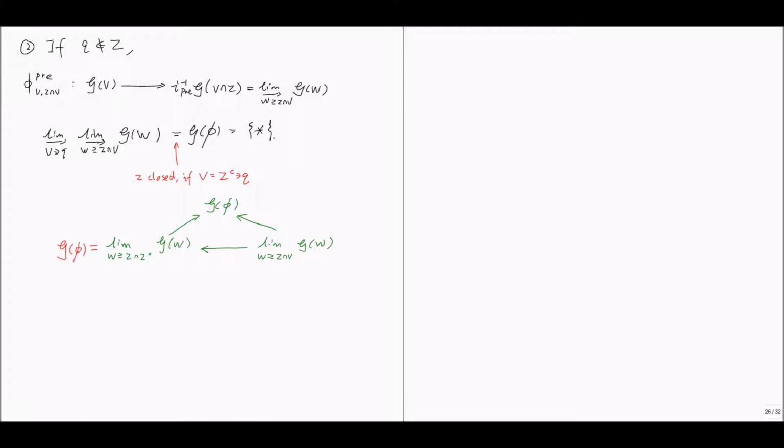So you have a test object W with the associated maps, then there must be a unique map from G of empty to this W. This dotted arrow will be precisely this arrow. It will be the only choice. And therefore, G of empty will be the limit of this diagram.